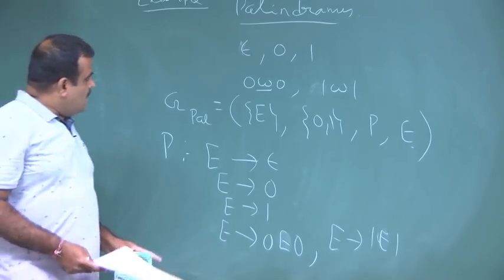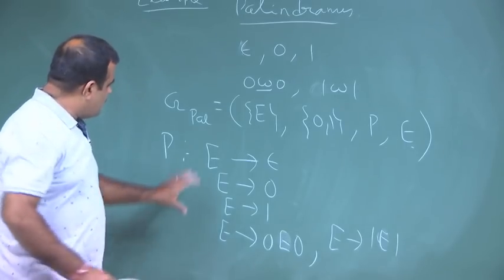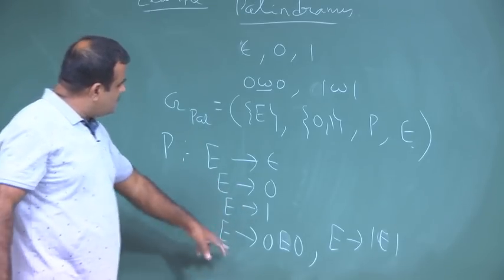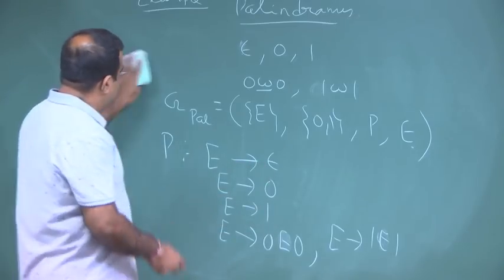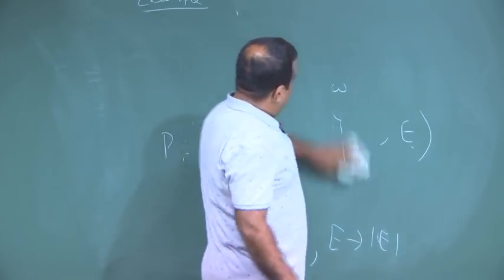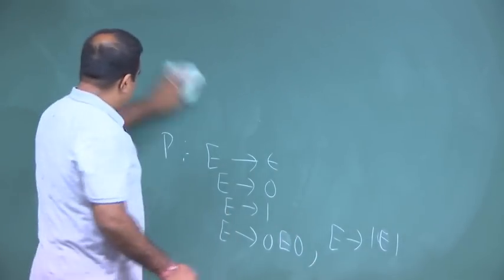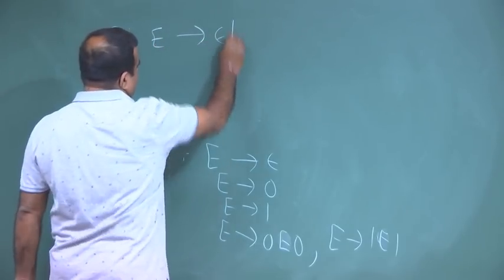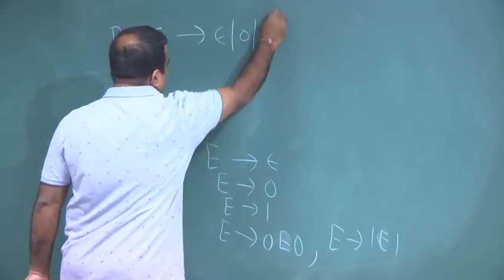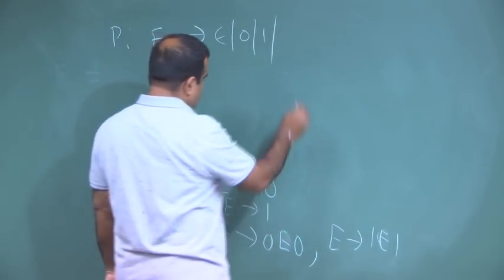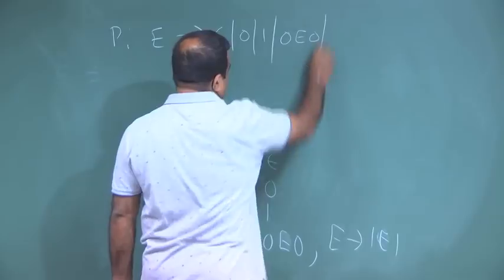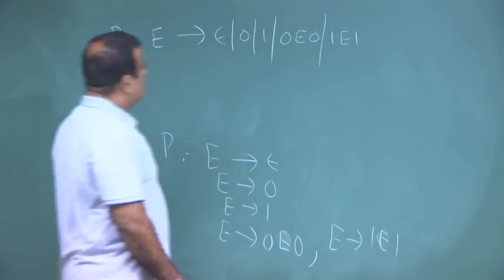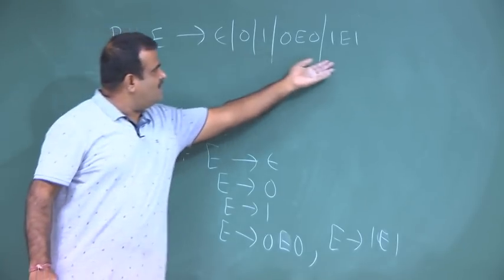Now there is another way to write these productions. E is going to many things: epsilon, 0, and so on. We can combine them and write them in the same line: E goes to epsilon or 0 or 1 or 0E0 or 1E1.